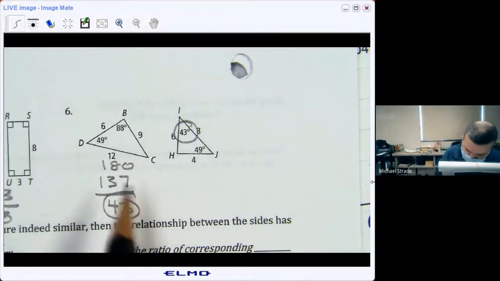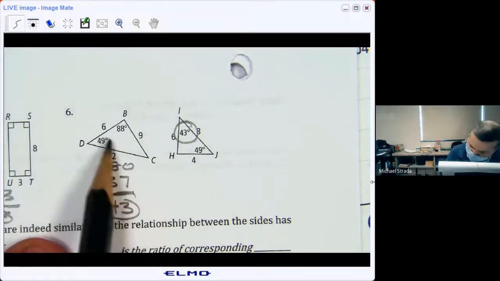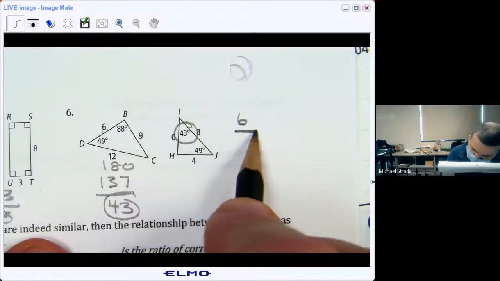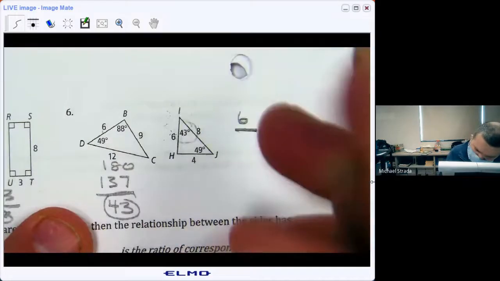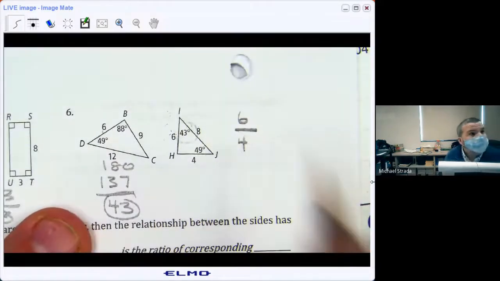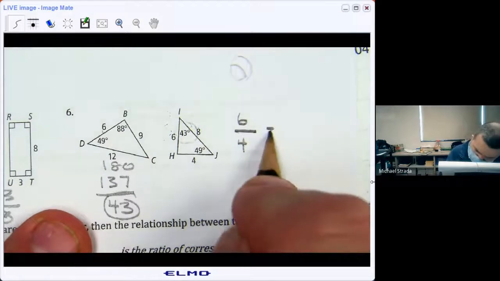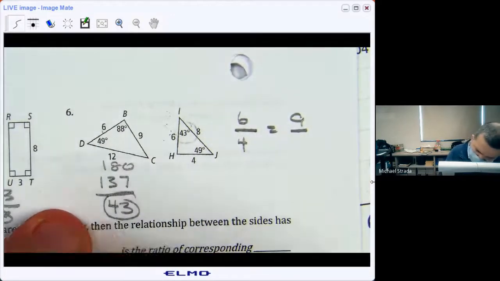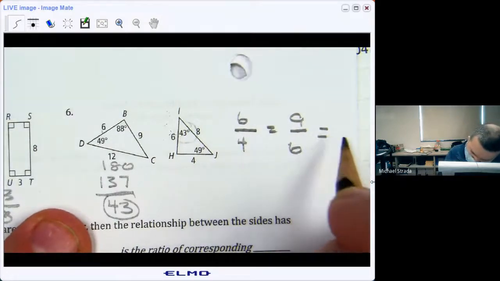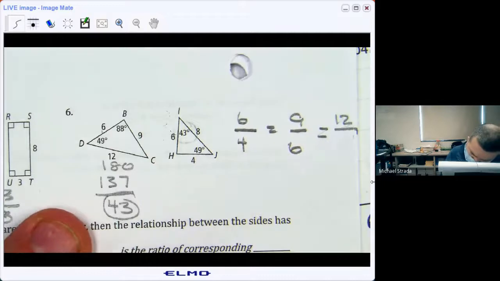The smallest side over here is 6. The smallest side over at the other one is 4. Equals the middle side of the bigger one is 9. The middle side of the smaller one is 6. And then the biggest one of the bigger triangle is 12. The biggest one of the other one is 8.